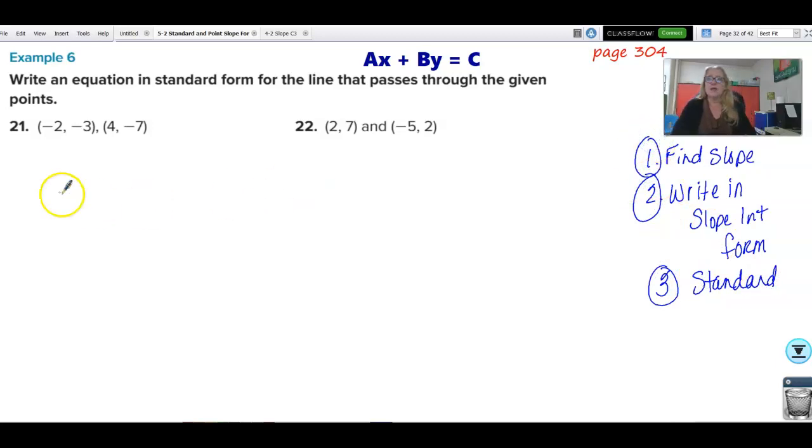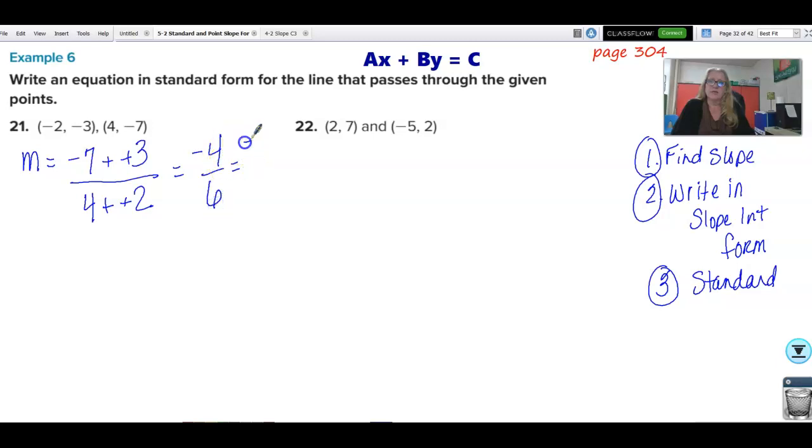Three steps. First, find slope. Negative 7 minus negative 3 over 4 minus negative 2. Negative 4 over 6, we have a slope of negative 2/3.